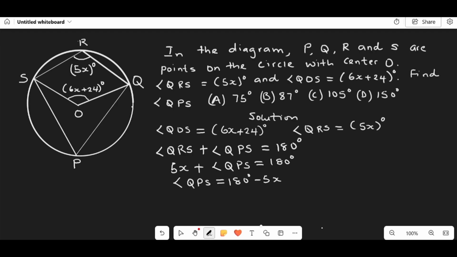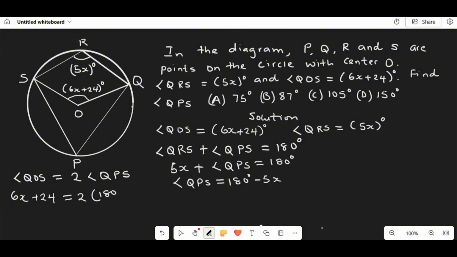That means mathematically we can say that angle QOX equal to 2 multiplied by angle QPX. So let us substitute the values into this equation. Our angle QOS is 6x plus 24. 6x plus 24 equal to 2 brackets 180 degree minus 5x.